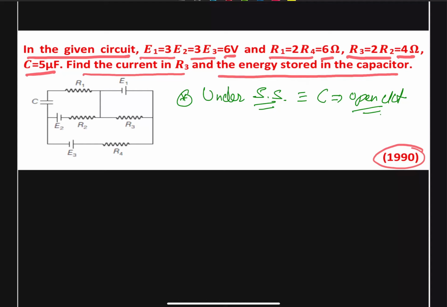So the capacitor will be open circuit, and if capacitor is open circuit, then we can say that no current will flow through R1. So there will be no current flowing through this R1 resistance. No current through R1.